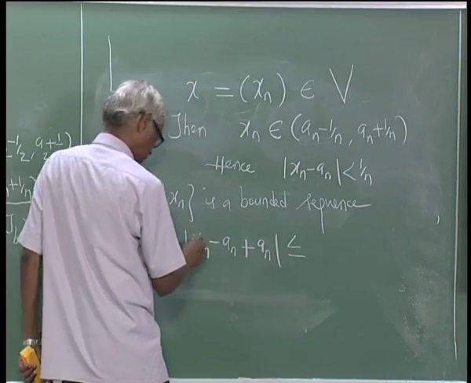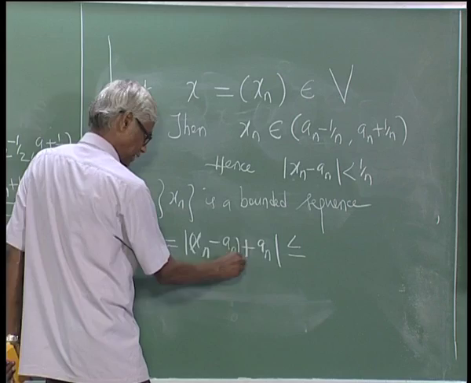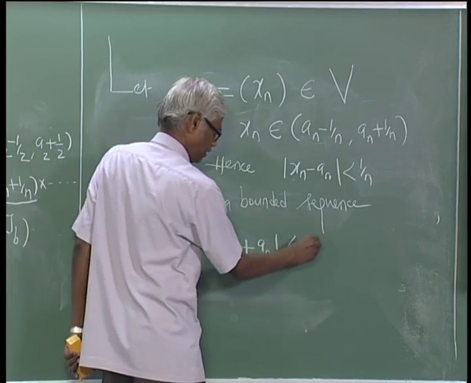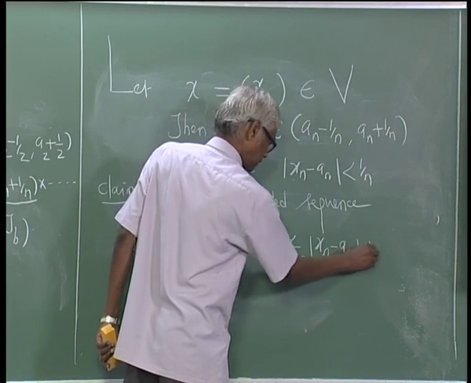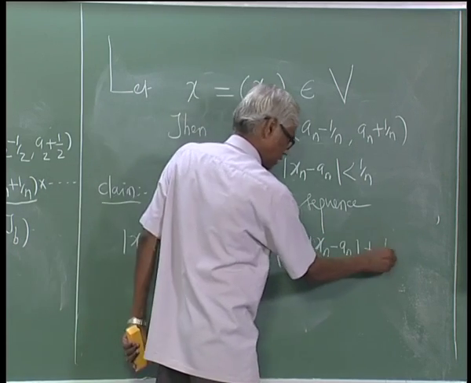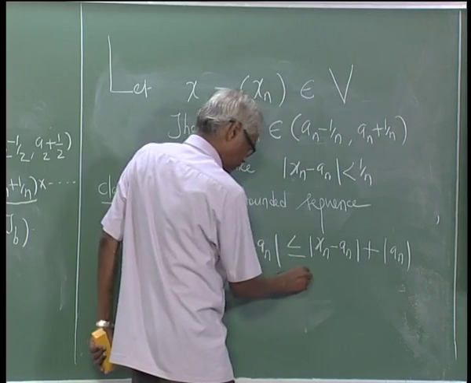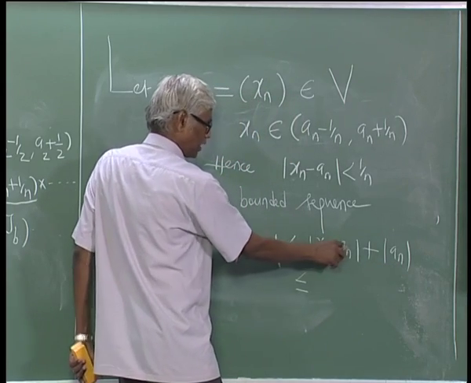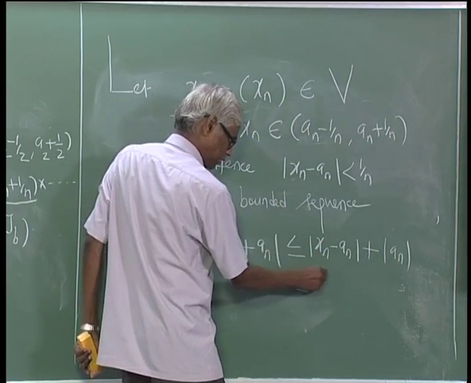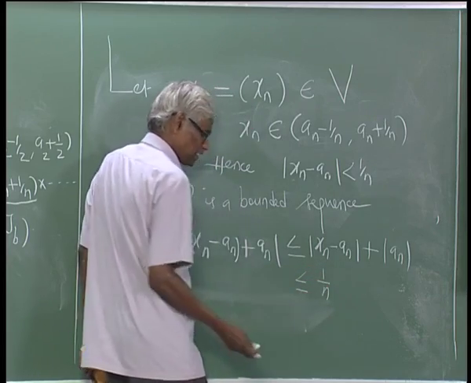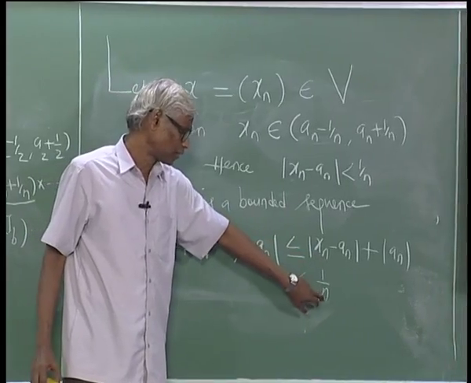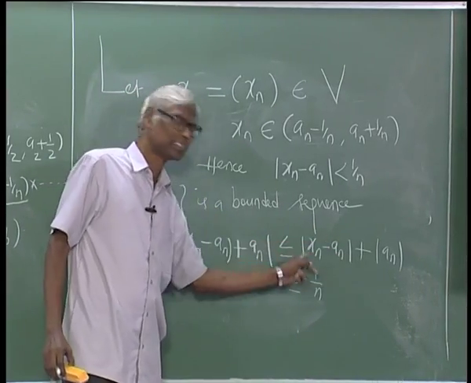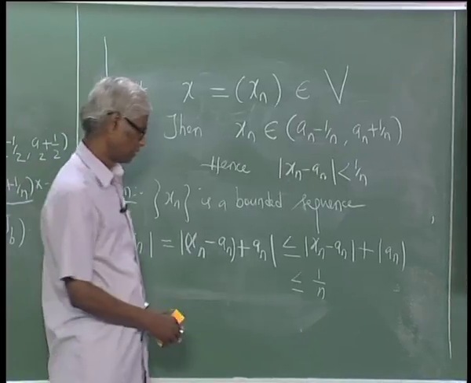This is less than or equal to mod x_n minus a_n plus mod a_n, which is less than 1 by n. In fact, it does not matter whether it is less than 1 by n, even if it is some fixed constant.